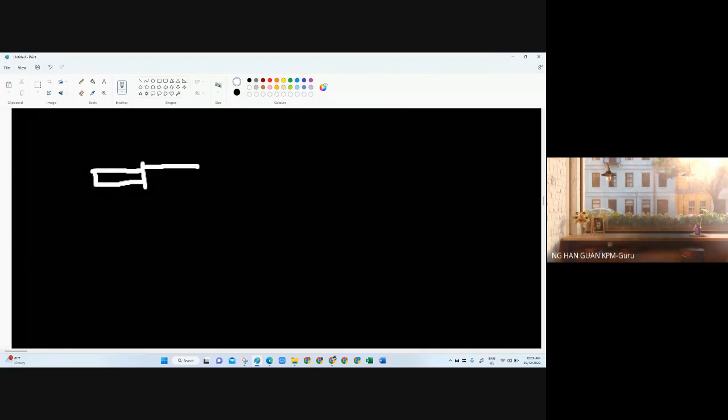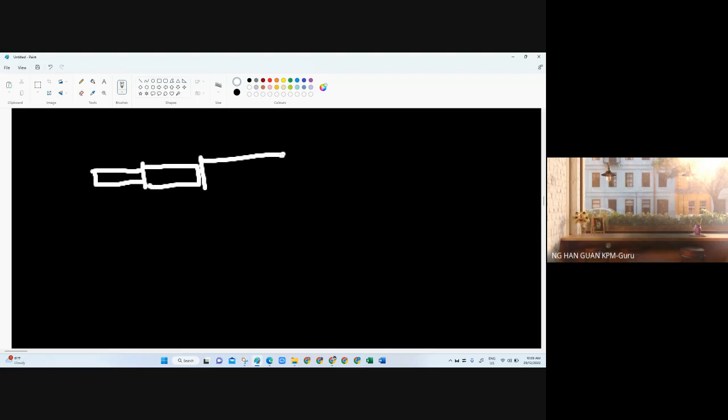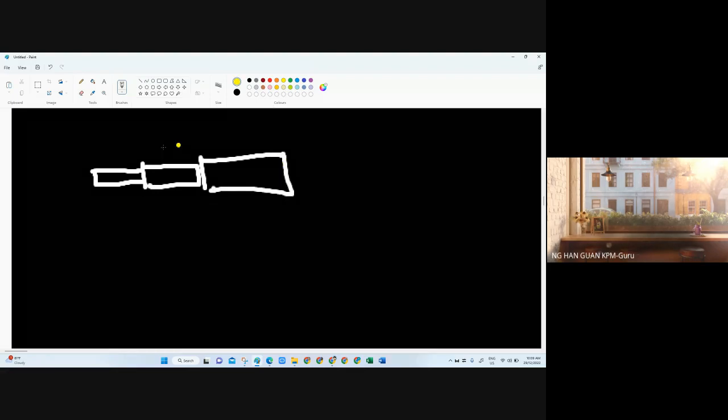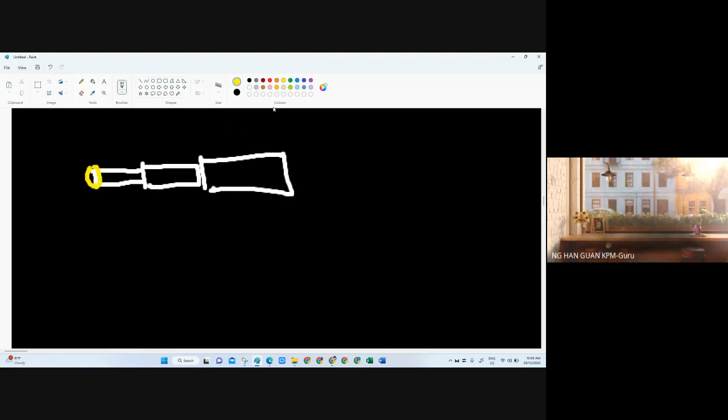when we pull the telescope, let's say there's a telescope. Here is the eyepiece lens, then there is the objective lens. So we can pull it until the maximum, when the length is pulled until the max, or we pull it back and make it shorter.